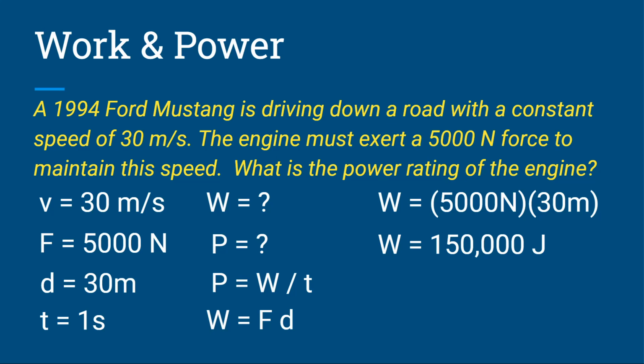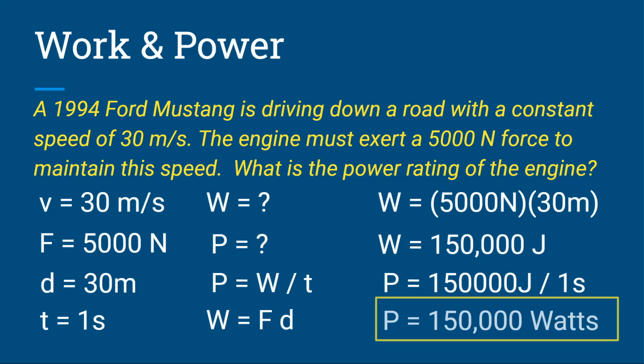And then I can divide that by my time. My time in this case being that 1 second, because I'm really just looking at the ratio, 30 divided by 1. So 150,000 joules divided by 1 second is 150,000 watts. A watt is a joule per second. It's the same thing, joule per second or watt, but the standard unit is a watt.